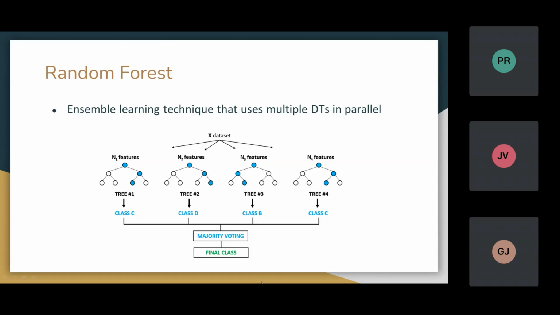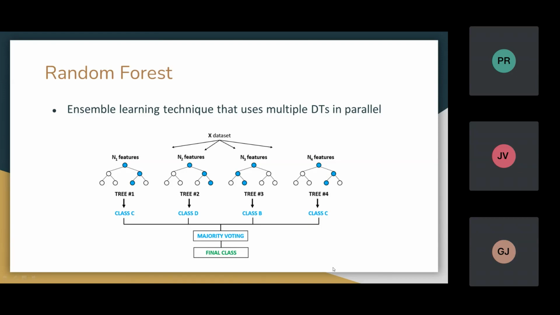It uses the data set, and that data set would have multiple features. A few selected features would be used, and a decision tree would be created. Let us call this tree 1. Similarly, another subset of features is extracted from the data set and an alternate tree is created, tree 2, and tree 3 and tree 4. This way multiple trees are created. All of them are decision trees.